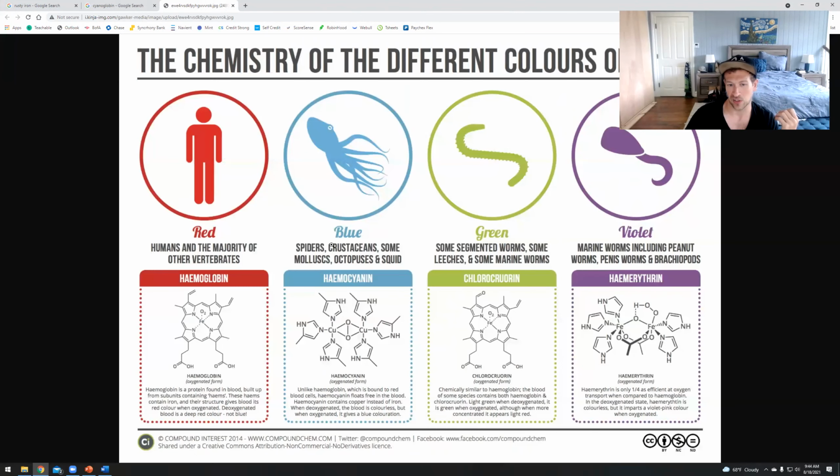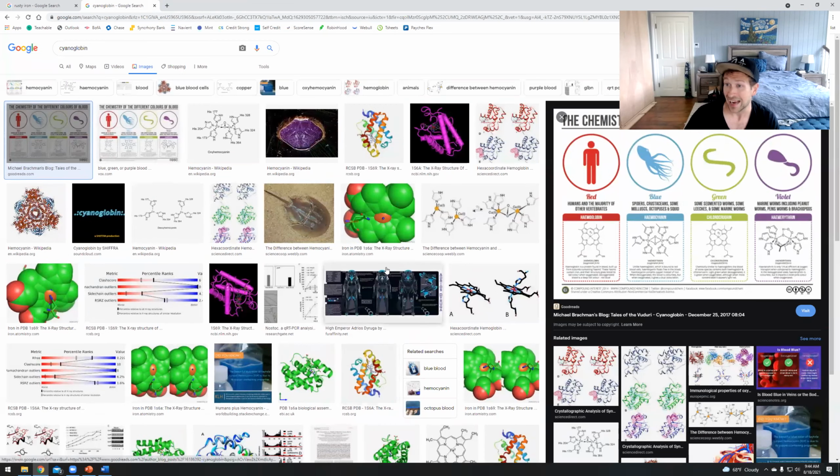So for instance, certain squids and spiders and starfish actually use cyanoglobin, which uses copper instead of iron to bind oxygen and carry oxygen around, because oxygen is also fairly attracted to copper. And so they have blue blood. And then there's green blood and there's violet blood out there. There's actually lots of colors of blood out there, but we use hemoglobin, we use iron, and that's why our blood is red.